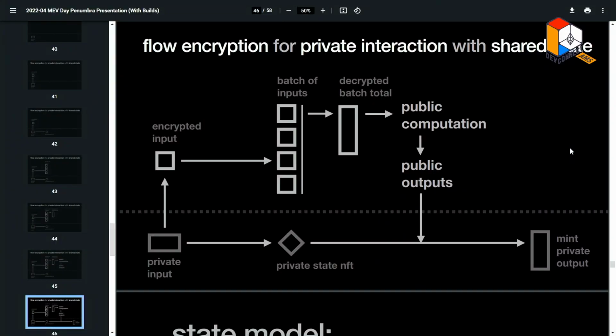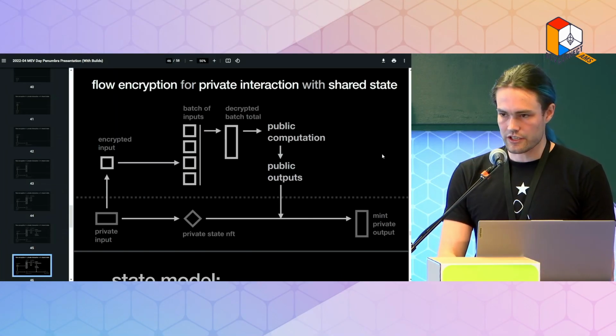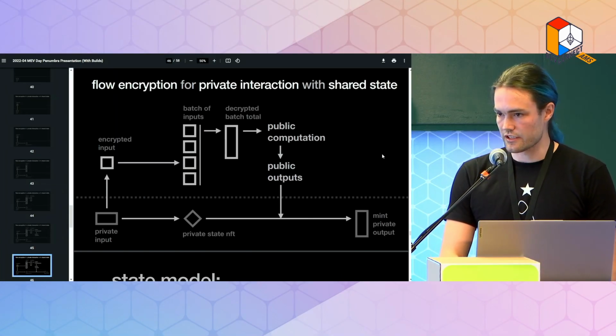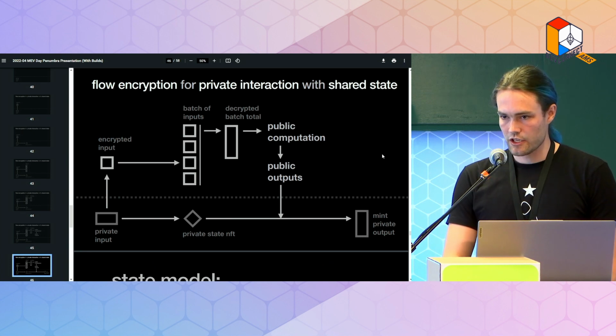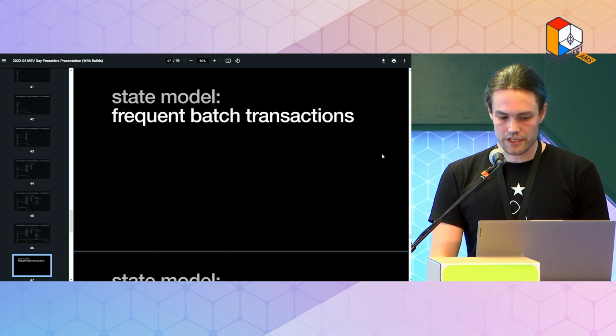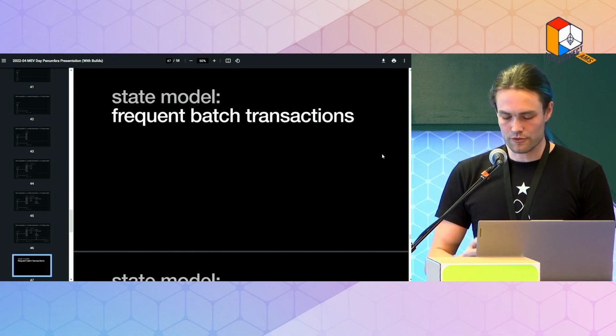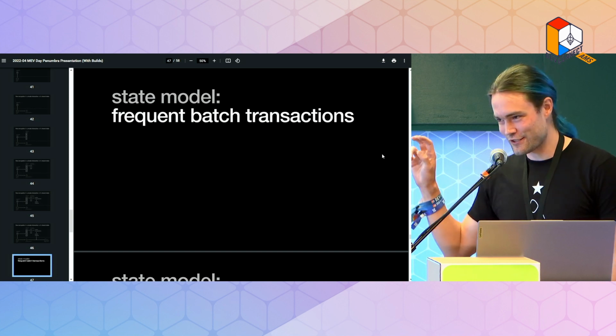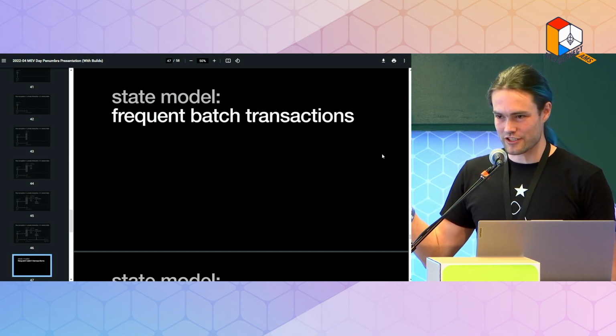So you have this multi-phase protocol, but you can actually have private interaction with shared state in this way. And if you follow this through to its conclusion, you end up with a fairly different state model, which is this idea of frequent batch transactions, right?